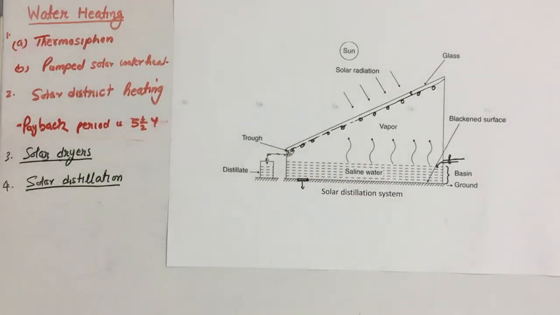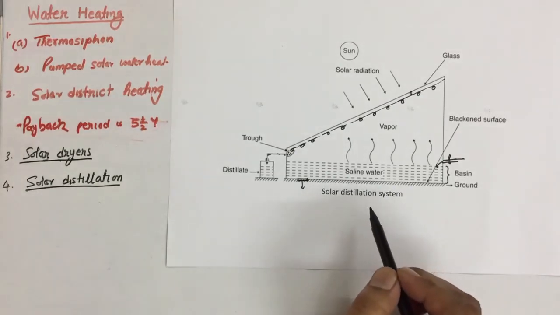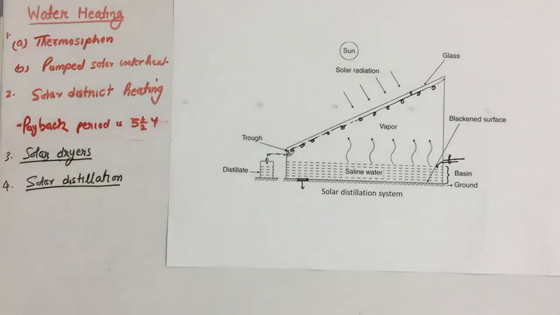So in this way there may be many further modifications to make the system efficient and cost effective. So in this way we are able to collect the pure water. This system has many advantages over the conventional distillation system, or we can say water purifier.